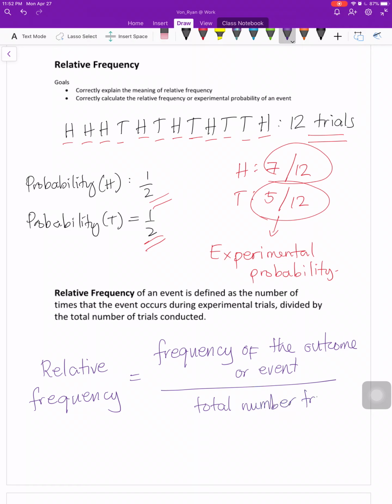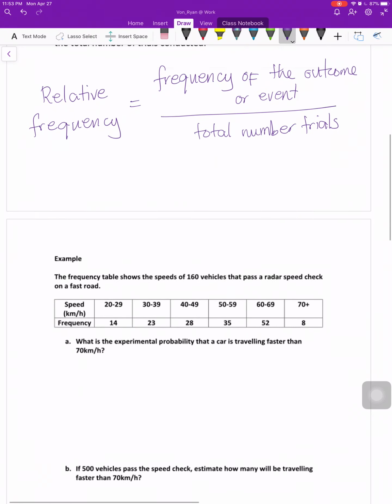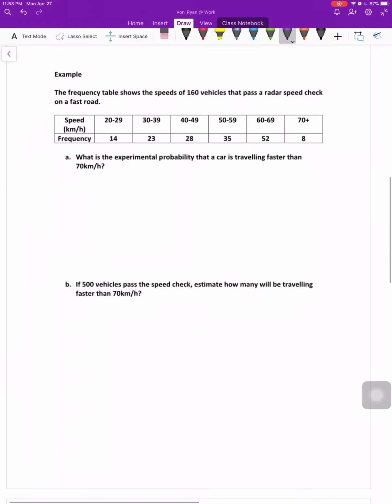There's going to be a lot of tallying and counting in this topic. Feel free to pause the video so you can write down notes. Let's look at an example here. The frequency table here shows the speed of 160 vehicles that pass a radar speed check on a fast road.